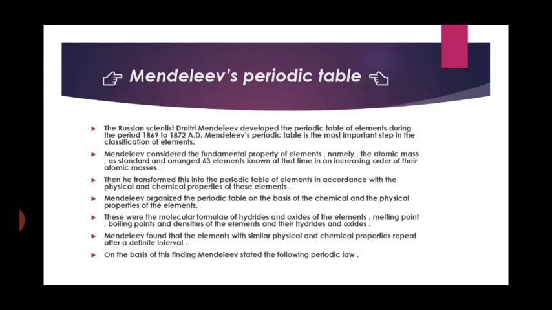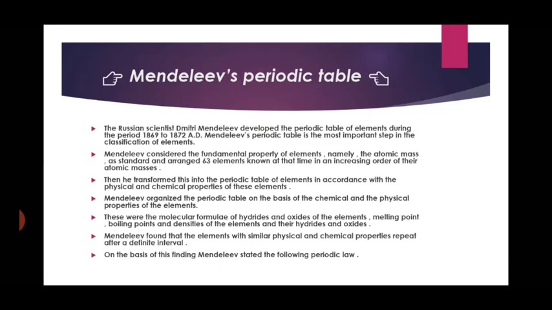At that time, how many elements were discovered? 63 elements. He arranged all the elements in increasing order of atomic masses. Then he transformed this into the periodic table of elements in accordance with their physical and chemical properties.